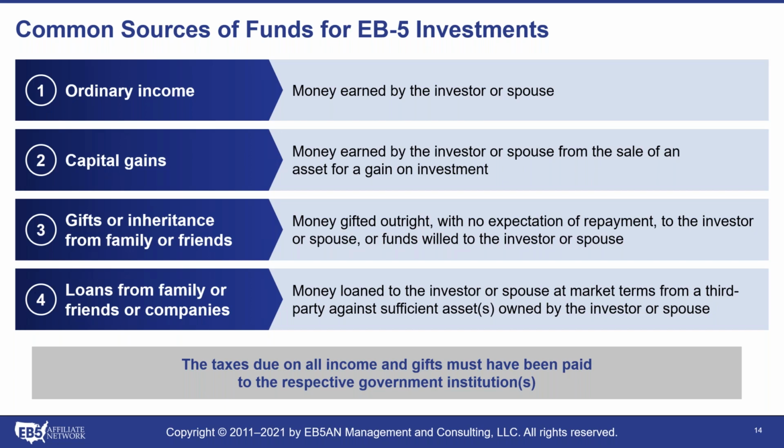Gifts or inheritance, so someone gave you money or you inherited it over time. And fourth, loan funds, so you got money loaned against a piece of real estate or an unsecured loan, and you're using that loan capital to fund part of your EB-5 investment. So these are the four main buckets where capital can be sourced.